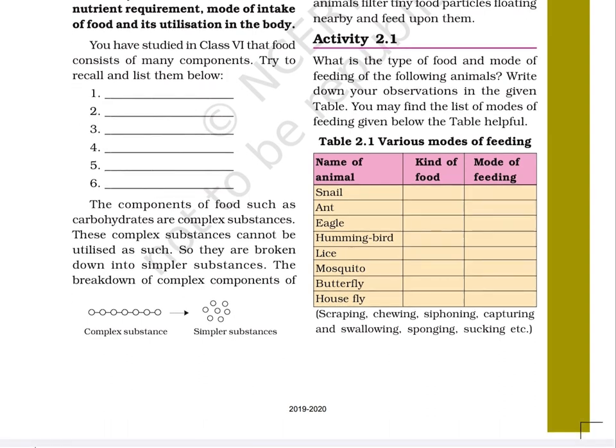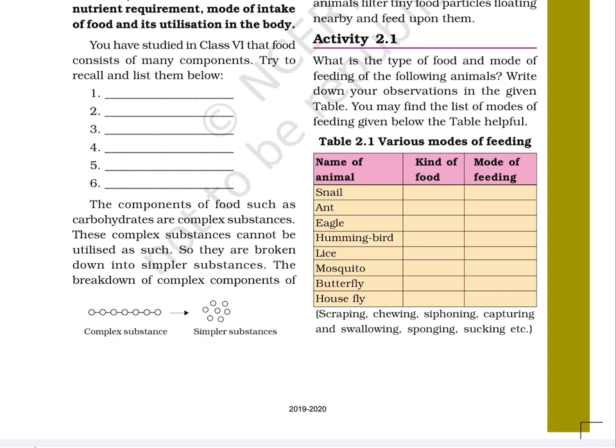There is a table given here. It has 3 columns. In the first column is written name of animal. Second column you have to fill with kind of food. The third column you have to fill with the mode of feeding.